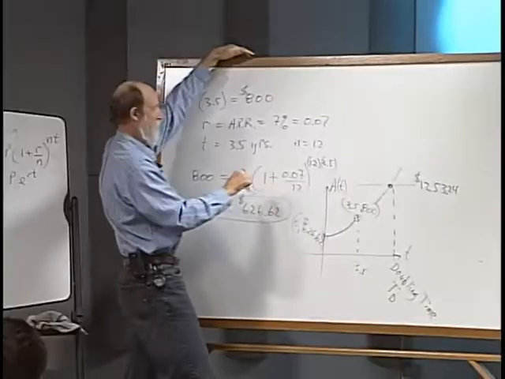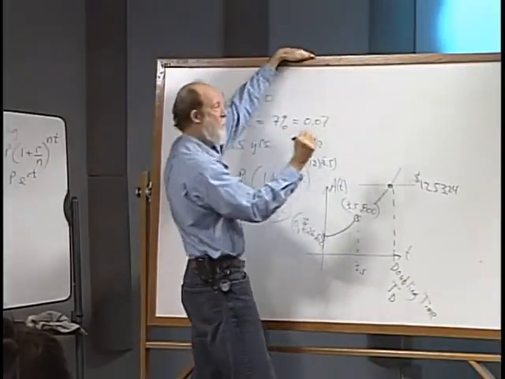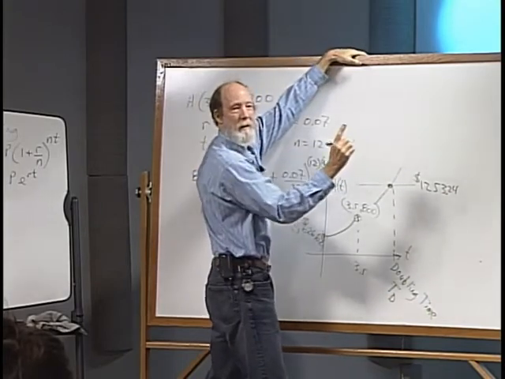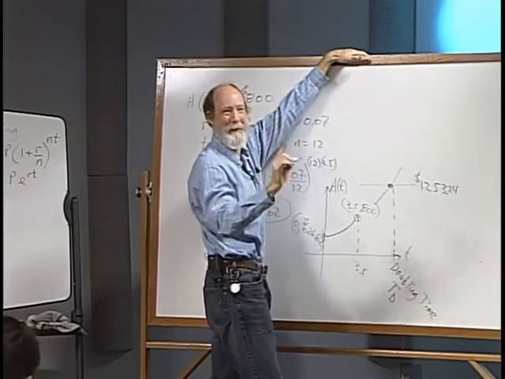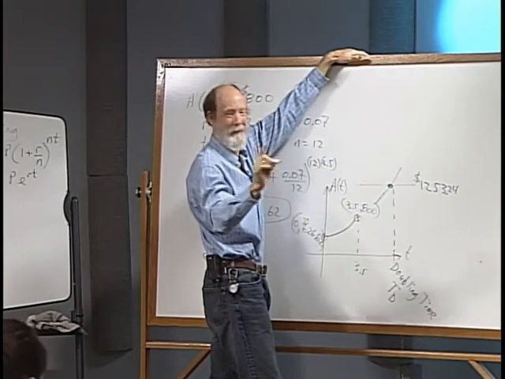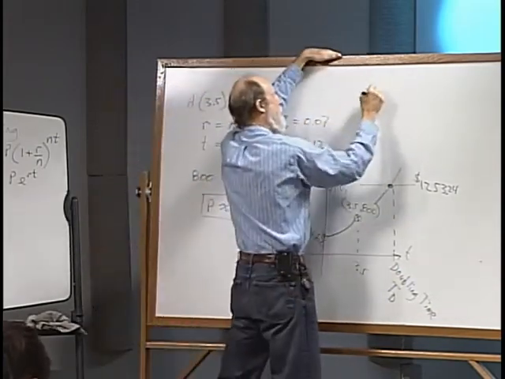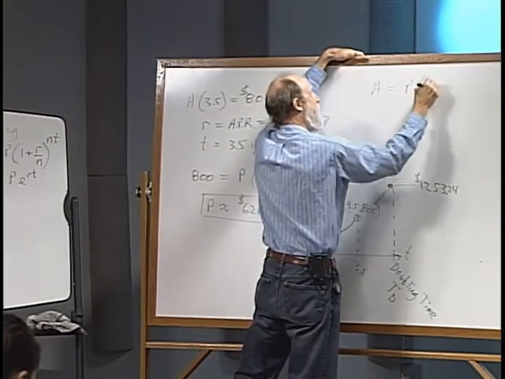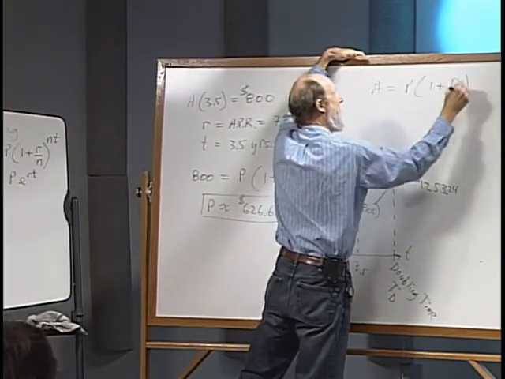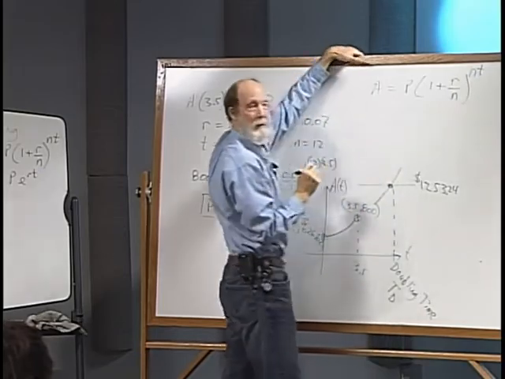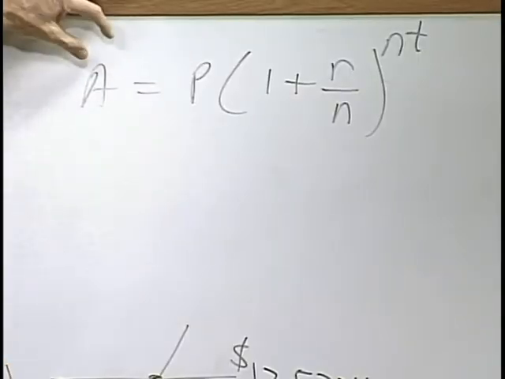Okay, let me just put it up here. I think what you folks are saying is correct. We're looking for the future value. Now here's our model. What we're trying to do is double the initial amount.